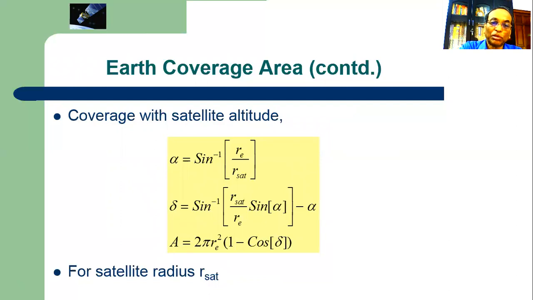So A is equal to 2 pi RE square, radius of the Earth square, multiplied by 1 minus cos of delta. RSat is the radius of the satellite.